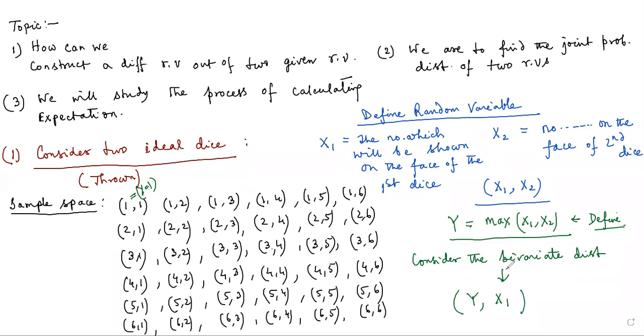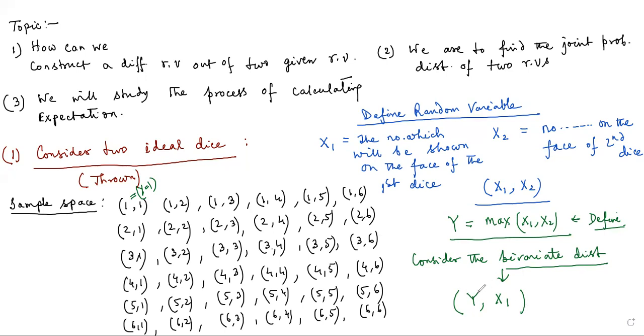To know the bivariate distribution of a pair of random variables, what we need to find out is the probabilities. If we know the probability distribution of a random variable, we know the system. So if we have a bivariate random variable, only knowing the values is not enough, the system is not known. But if we have the probabilities associated with the values, or the pair of values, or the triplet of values in case of trivariate distribution, then we can say that we know the distribution, we know the system.